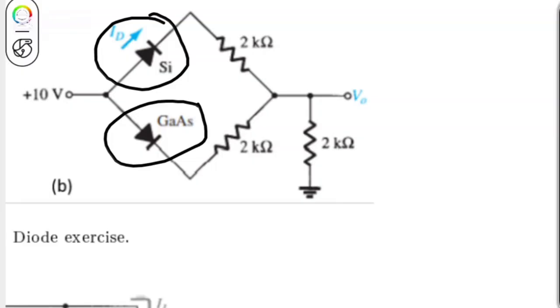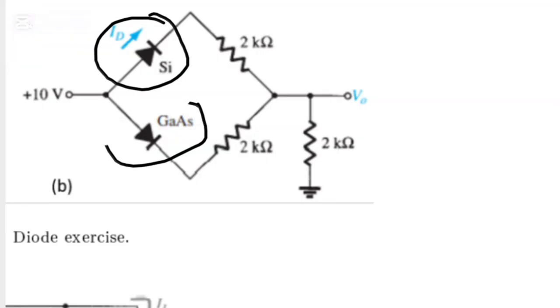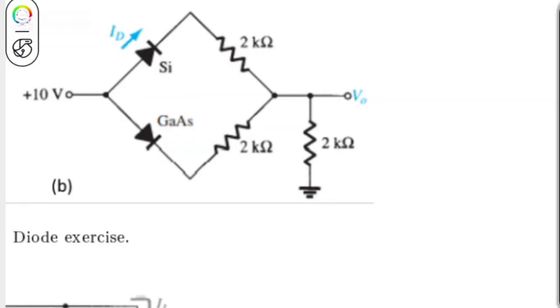Because if you can recall, the positive terminal, the 10 volt, is the voltage distributed to the silicon diode and the gallium arsenide diode, and we all know that the terminals it distributed to are all positive. So therefore these diodes are on. After identifying that the diodes are on, the next thing that we are going to do is use the KVL.